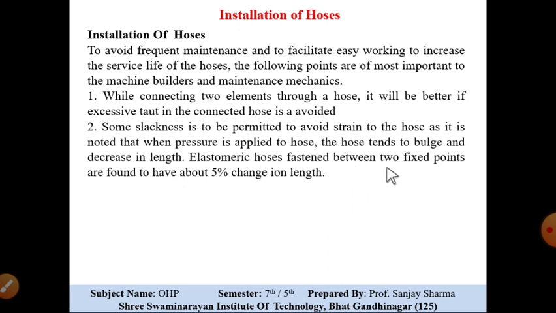Elastomer hoses fastened between two endpoints are found to have a 5% change in length. What exactly this means is, if we are using an elastomer hose, there is almost a 5% change in length when a pressurized fluid is flowing through it.